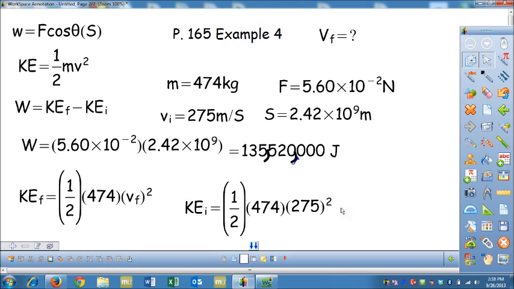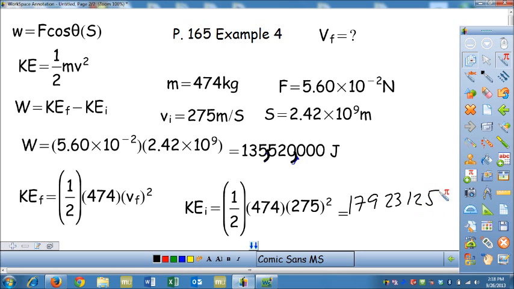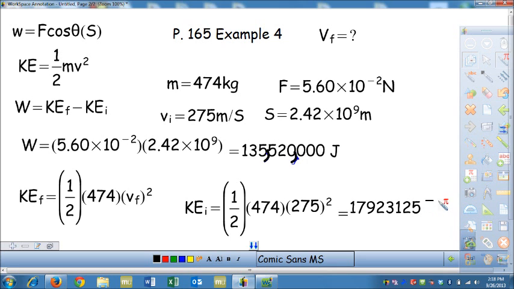So let's see, we can get our calculators, and that is going to be 0.5 times 474 times 275 squared. All right, so that is equal to 17,923,125 joules.